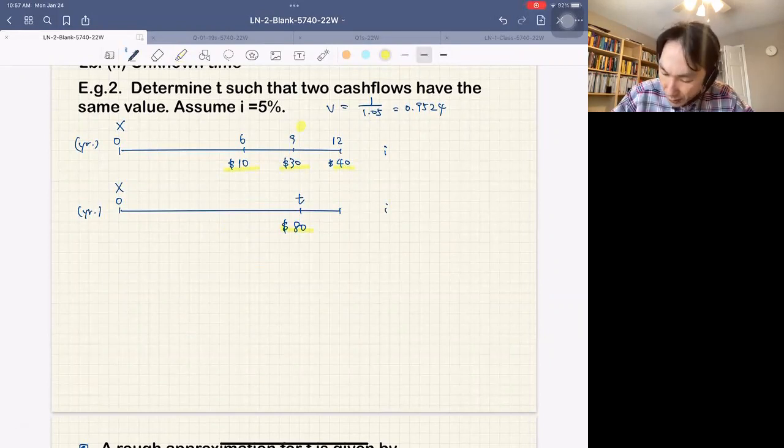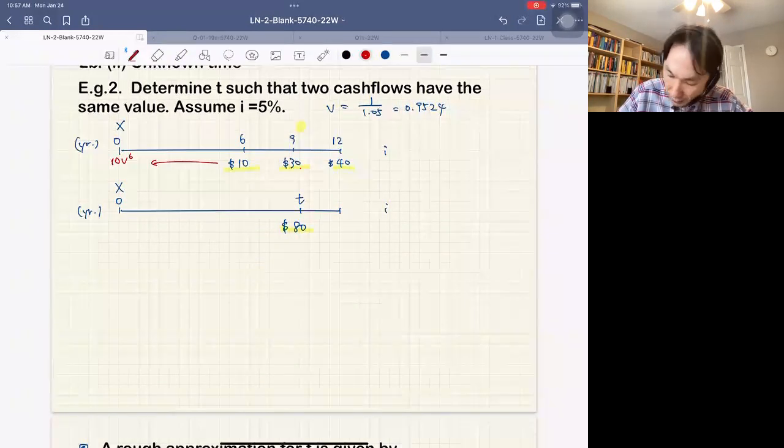Actually, this is mathematically not difficult because the $10 is worth 10 times V to the 6, and 30 is worth 30 times V to the 9, and 40 is worth 40 times V to the 12.